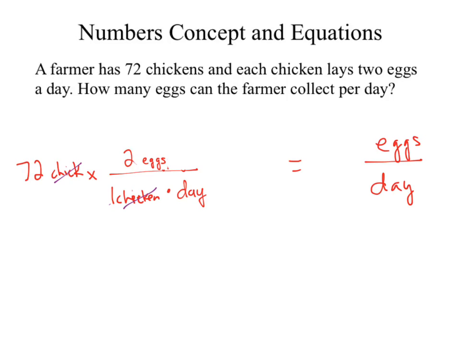The next part of this makes this a little bit more challenging. Our farmer cannot understand numbers larger than 10. So you come in and tell him he's got 144, or larger than 15 or 20. Okay, let's stick with 20. 5 fingers on each hand, 5 fingers on each foot.